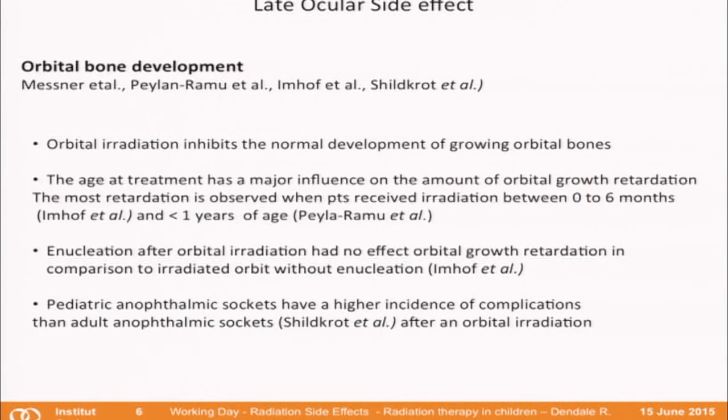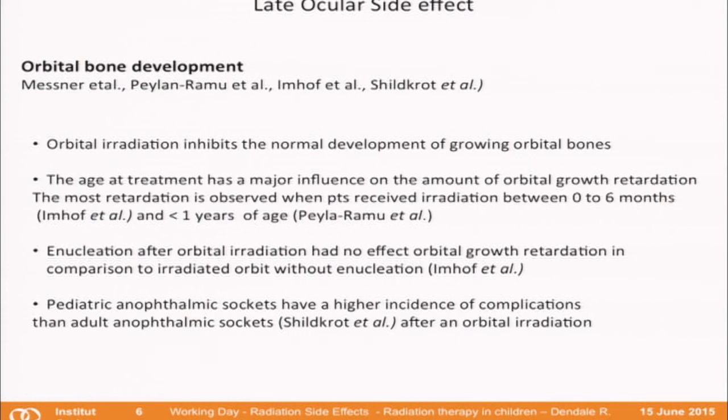Orbital bone development is one of the latest ocular side effects. Orbital irradiation inhibits the normal development of growing orbital bones. The age at treatment has a major influence on the amount of orbital growth retardation.